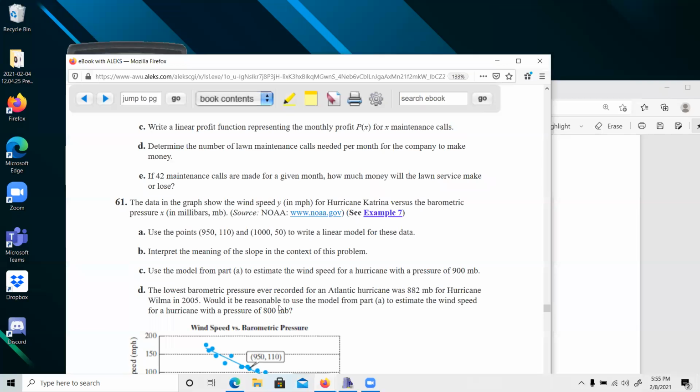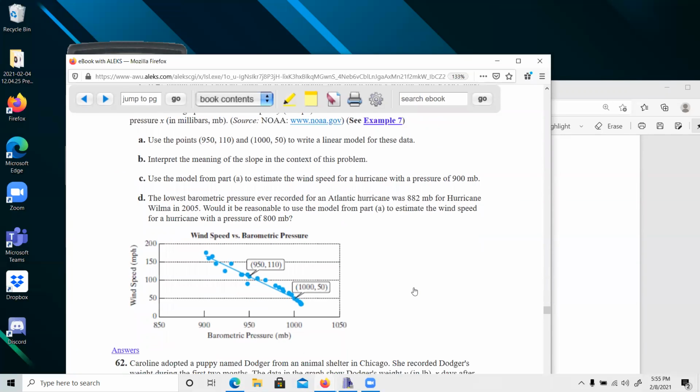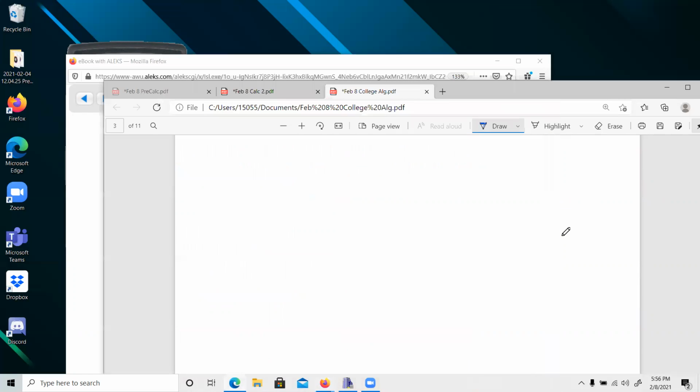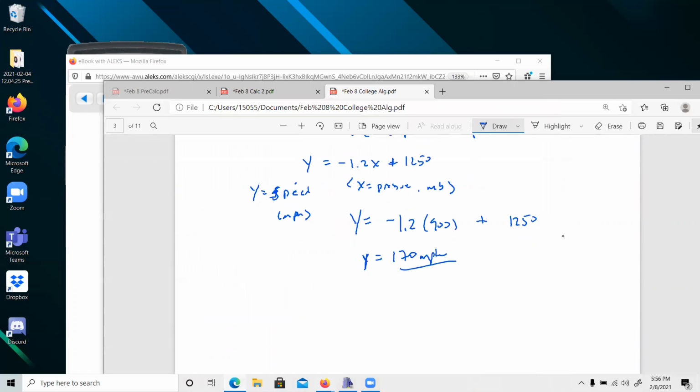Let's see. The lowest ever pressure recorded for Atlantic was 882 millibars. Would it be reasonable to estimate the wind speed? Okay, this is a good question.